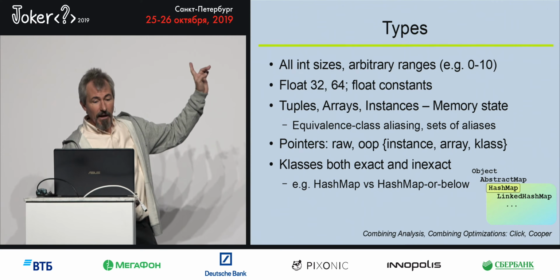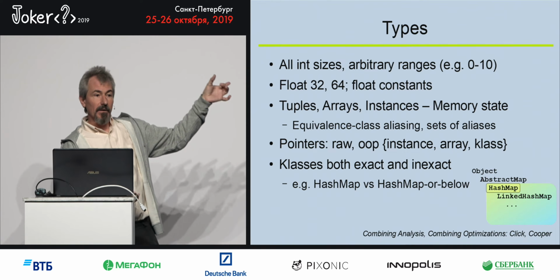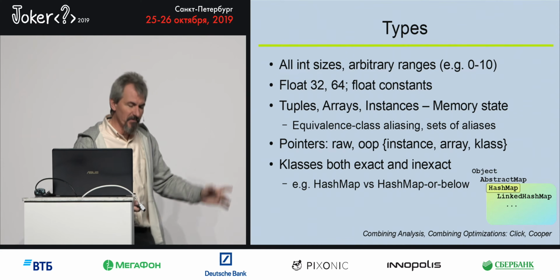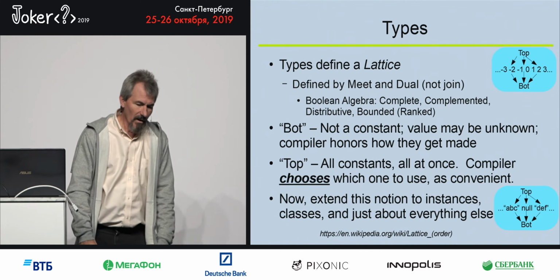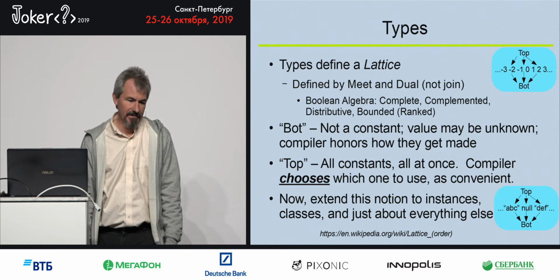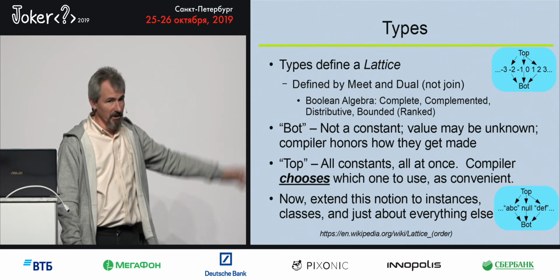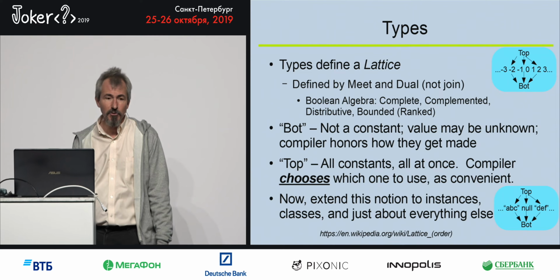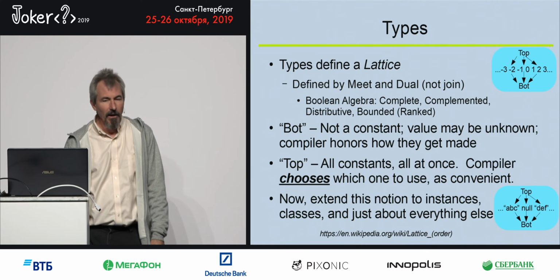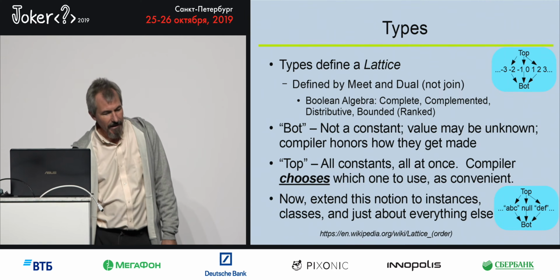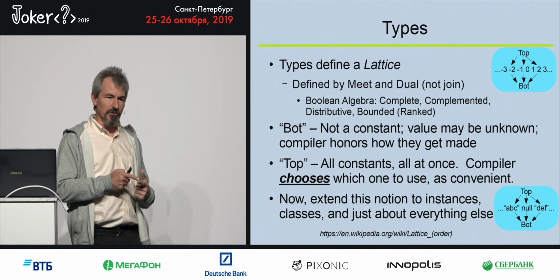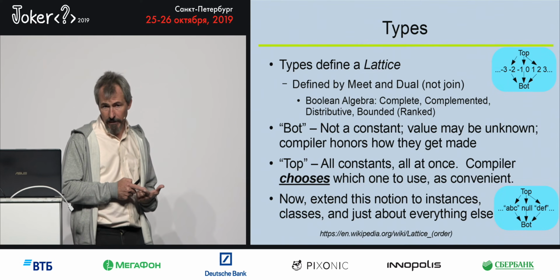I didn't show this, but I can tell you a pointer's null or not as a separate aspect of the typing system. The types define a lattice. And at the bottom I say, hey, go to Wikipedia and read up on lattices if you don't know. But if you're messing around in C2 in a major way, go read up on lattices. It's a lattice that's defined by meet and dual, not by meet and join.